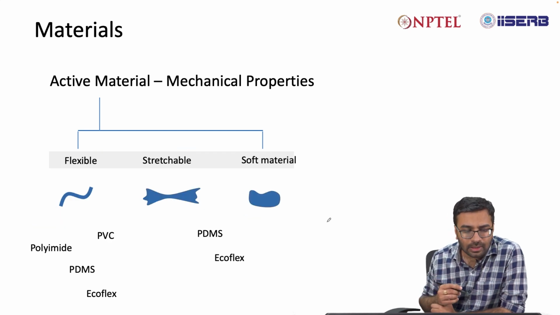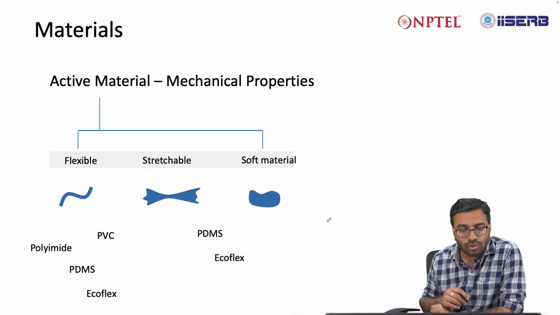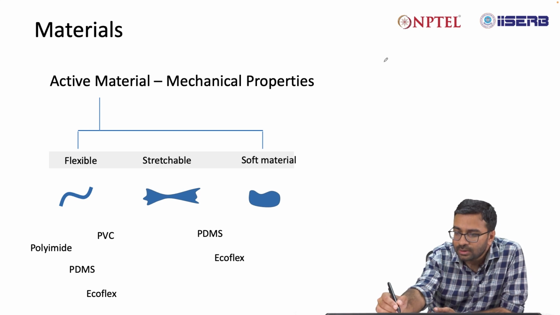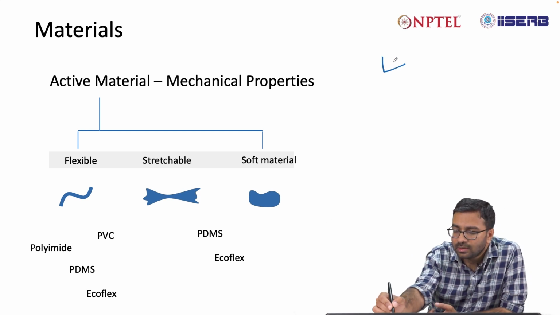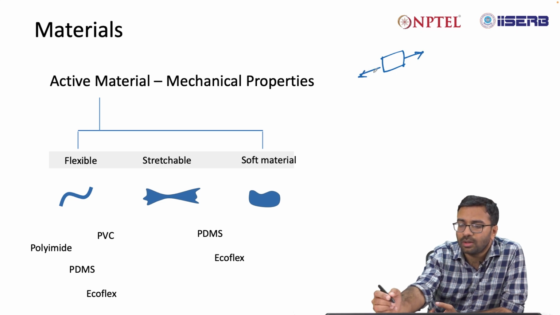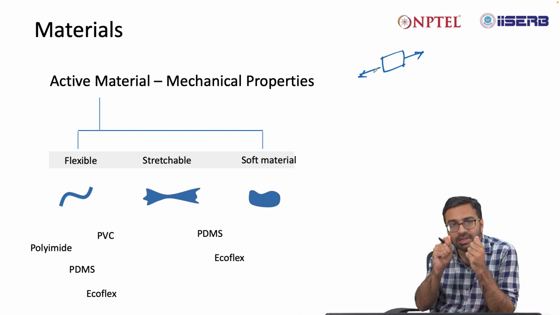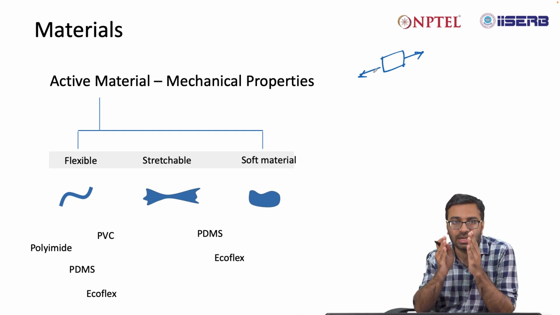Then apart from that, you also can select an active material based on its physical or mechanical property. For example, you need a flexible active material, or a stretchable active material. If you are developing a strain sensor, a sensor that can detect the applied strain, the material will experience some strain, so it will get stretched in a certain direction.